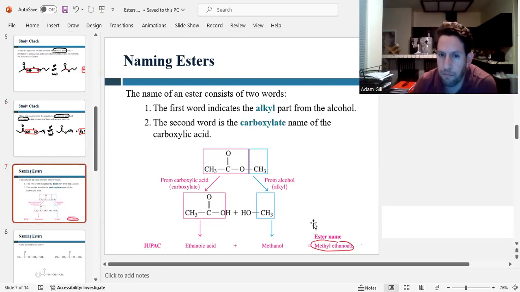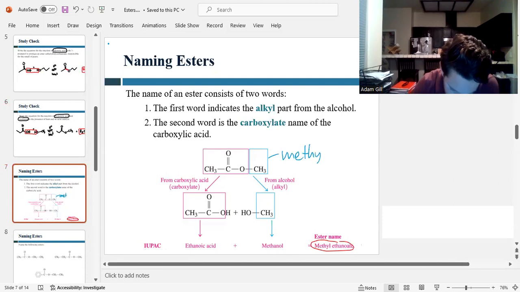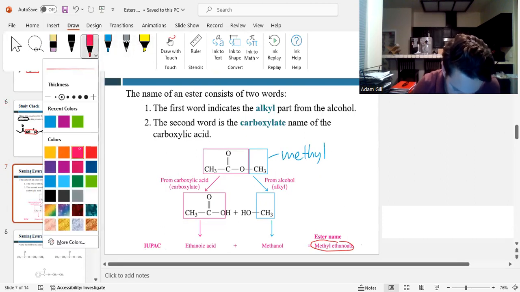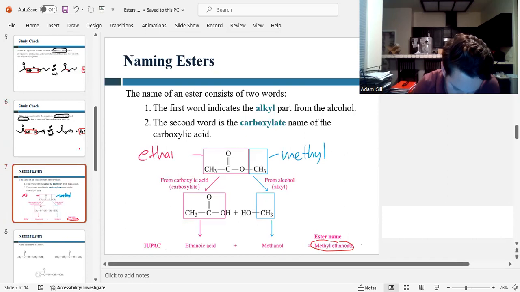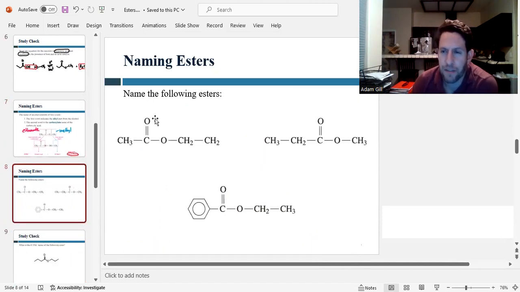Methyl ethanoate. Methyl from the alcohol right here, and ethanoate from the carboxylate. But you always name the alkyl chain first, so the name is methyl ethanoate. Let's do some practice problems. So how would we name the following esters?